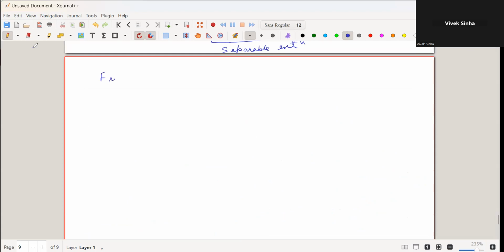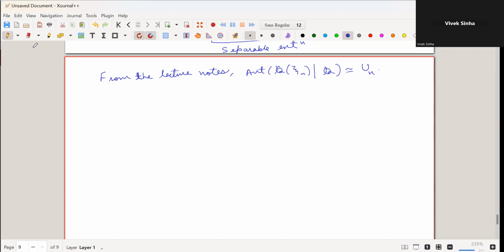Now, from the lecture notes, the automorphism group of Q of zeta_n over Q is isomorphic to U_n, that is the multiplicative group of integers less than or equal to n that are coprime with n, right?